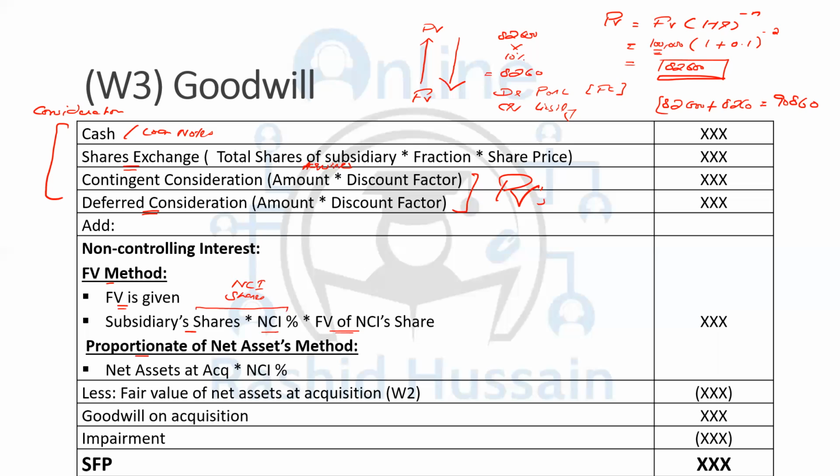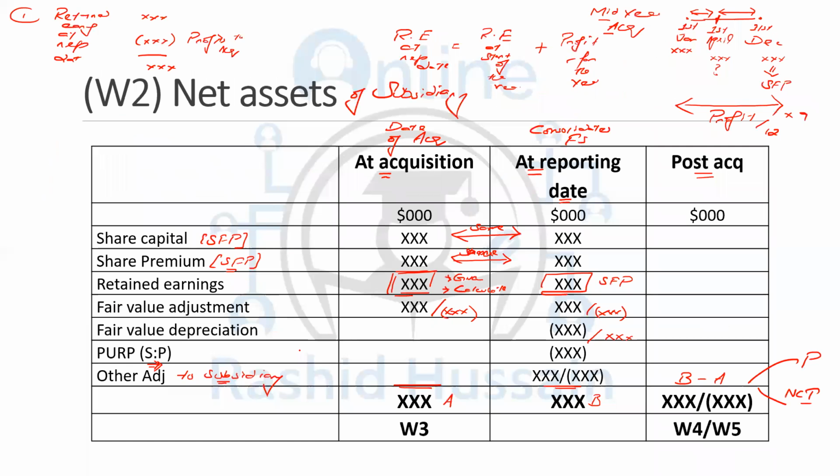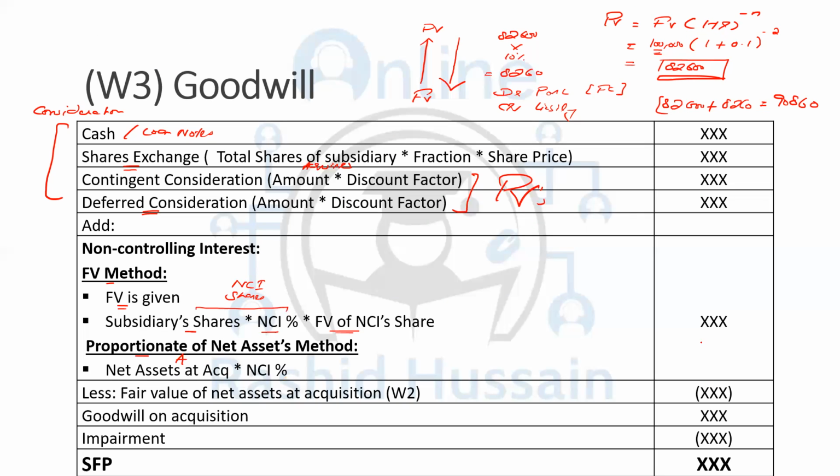So remember, fair value is either given or you need to calculate it. The next is the proportionate share of the net assets method, which involves the net assets at acquisition. This is the figure you need to take. You multiply it by the NCI percentage, and then you get the NCI at acquisition.